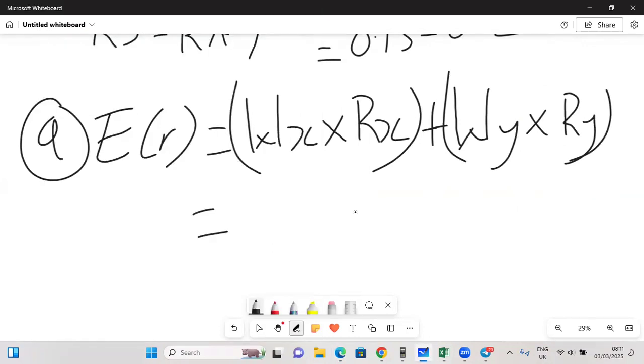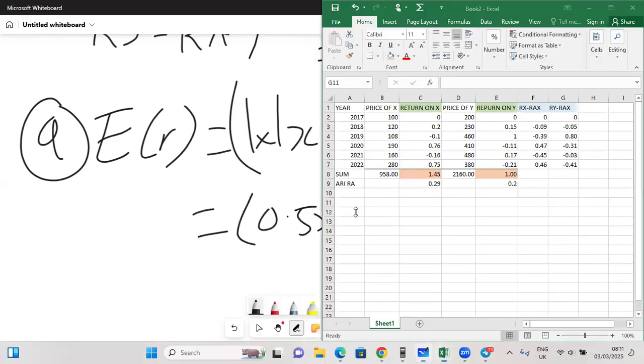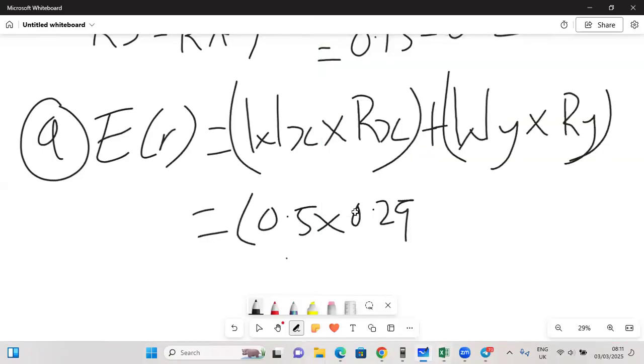So 50% is 0.5 times the return, the arithmetic return, which we had as 0.29 for X, and then plus weight of Y 0.5 times the arithmetic return of this one, which was 0.2.